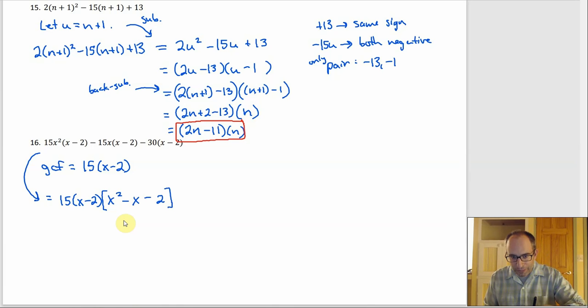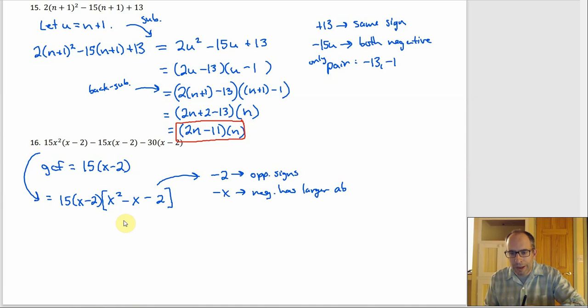Well, I guess for what's inside there, if you want to kind of analyze everything, the negative 2 would mean that you have opposite signs, and then the negative x would mean that the negative has the larger absolute value, right?